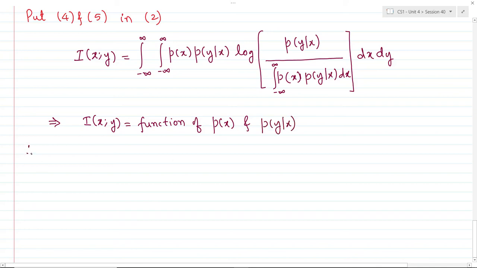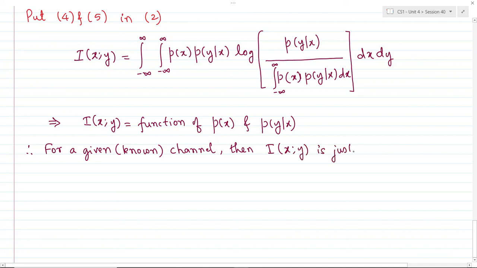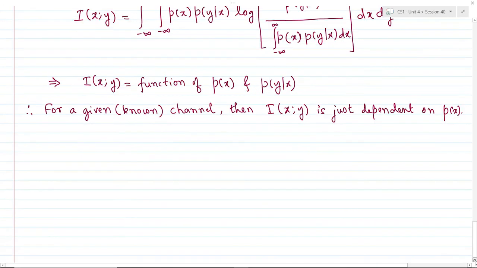Okay, therefore for a given channel, or for a known channel, in the sense that if we have the information of a priori probabilities, then I of x y is just dependent on P of x. For a given input probability density function, I can formulate I of x y.